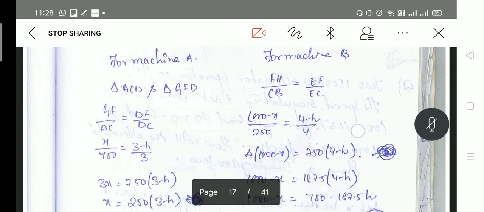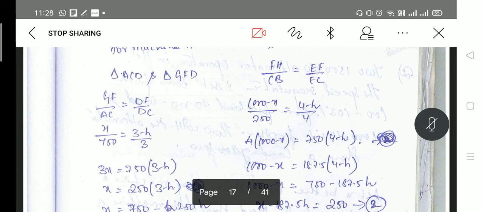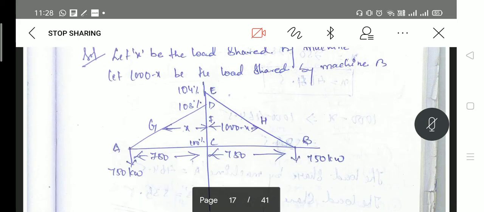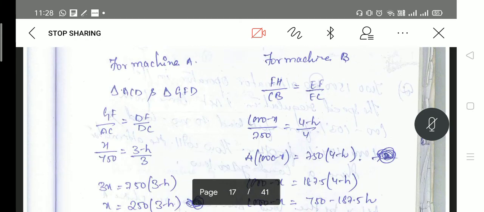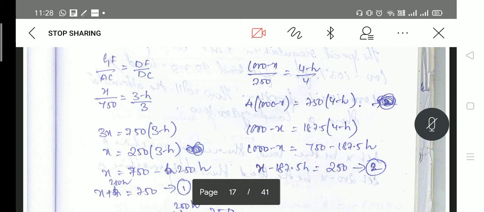So 4 is FC and 4 minus H is EF. Here FH is 1000 minus X and BC is 750. Substituting and cross multiplying both values, we will get 4 into 1000 minus X is equal to 750 into 4 minus H.